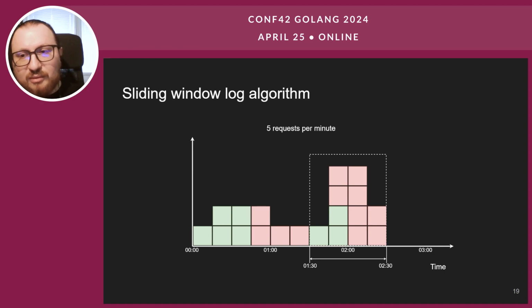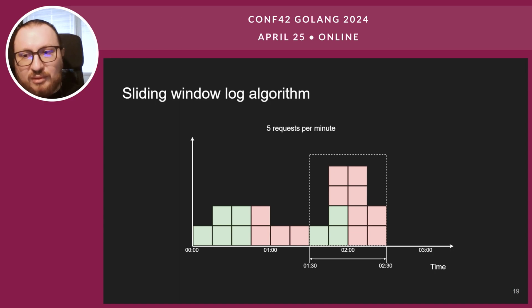Instead of a request counter, this algorithm keeps track of a timestamp for each incoming request and stores it in the log. The log can be stored in a data structure like a hash table or sorted set for efficient retrieval.